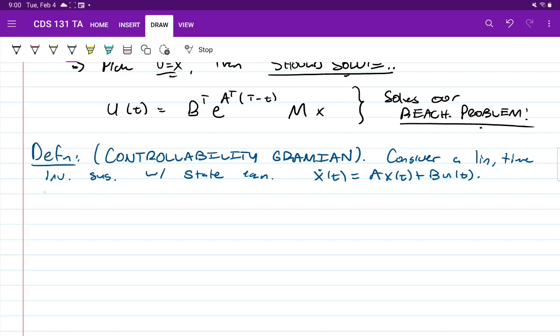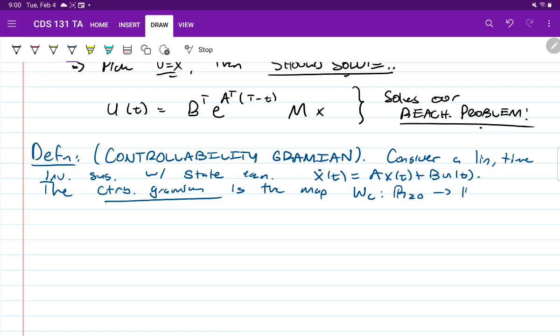Now, I'm going to define the controllability Gramian. The Gramian is the map WC, which goes from the non-negative reals into R n by n, and it's defined as WC at time t equal to the integral from 0 up until time t of e to the a tau, b, b transpose, e to the a transpose tau, d tau.